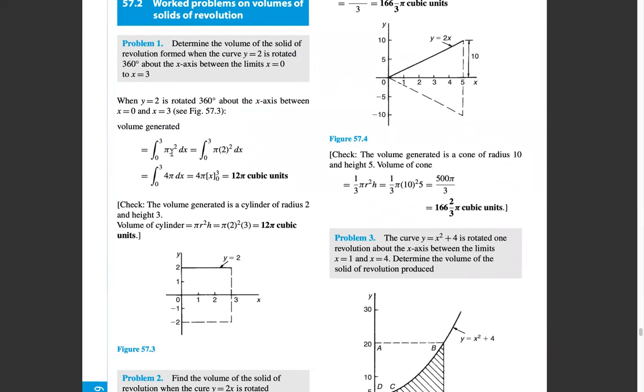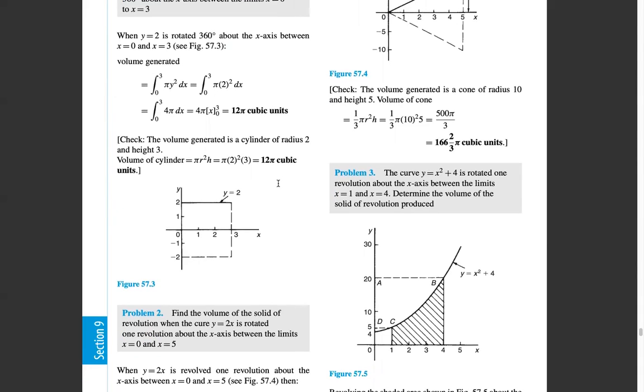That's what it did here. Pi y squared dx. So substitute for y squared. Y is 2, so y squared is 4. So the integral of 4 pi dx. So you just substitute the limits and you get that.